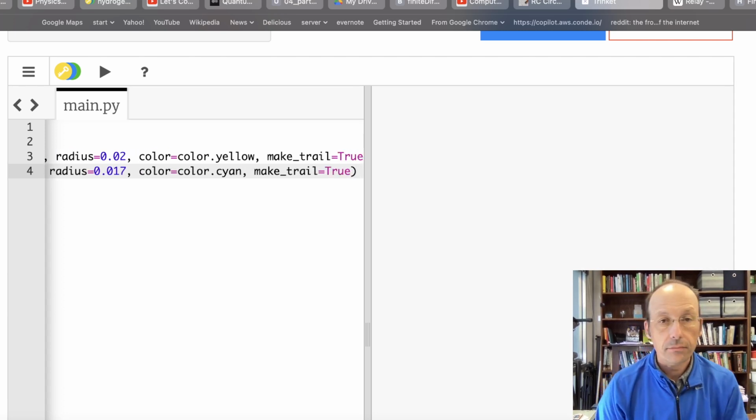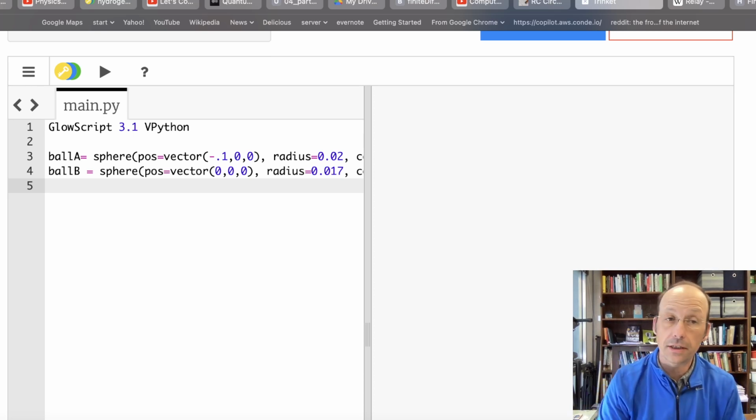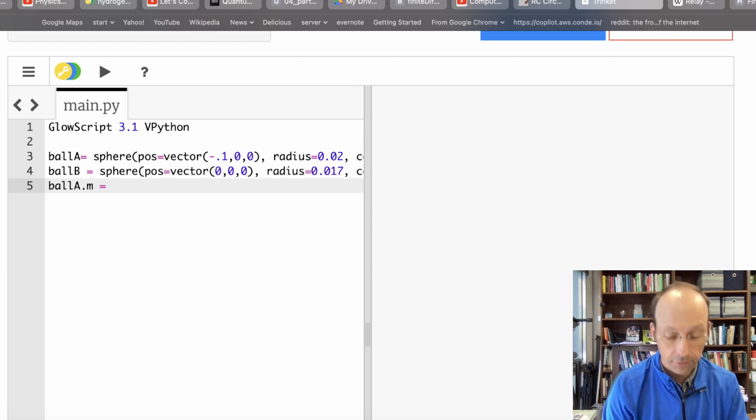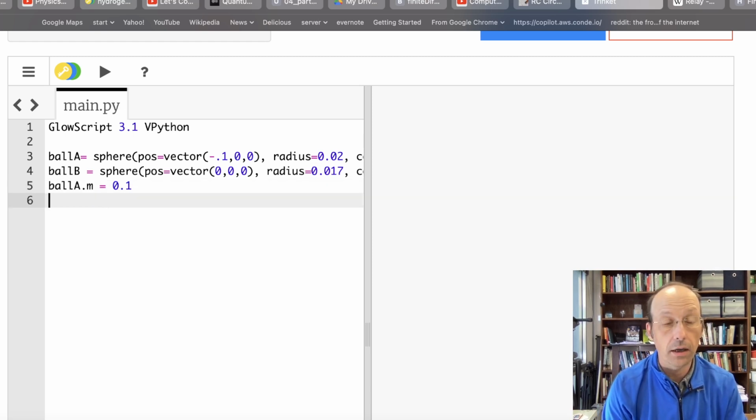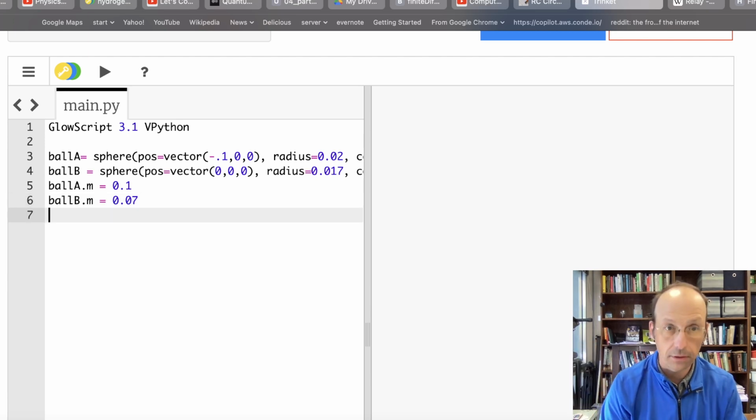Okay. Now I need to give some initial conditions for these, the velocities and the momentums. So ball A dot M, let's say it's a tennis ball. Let's say it's 100 grams. So 0.1. Ball B dot M equals 0.07. Just making up stuff here.